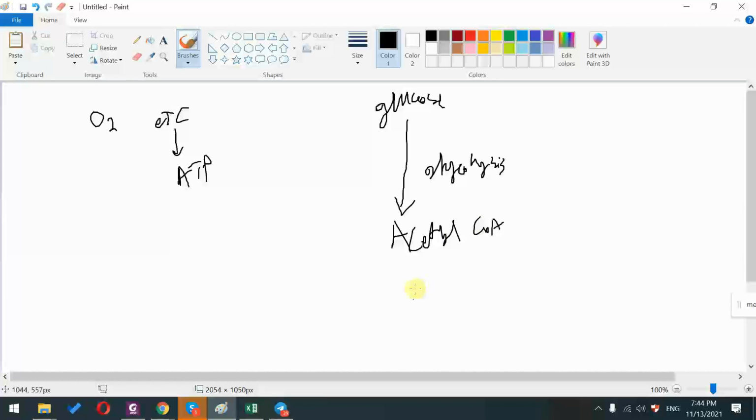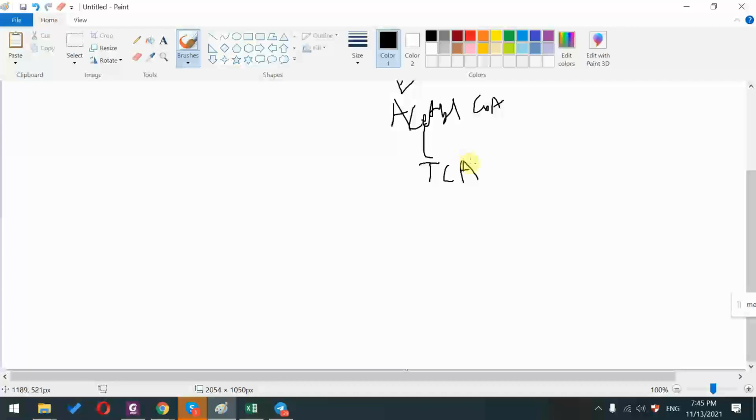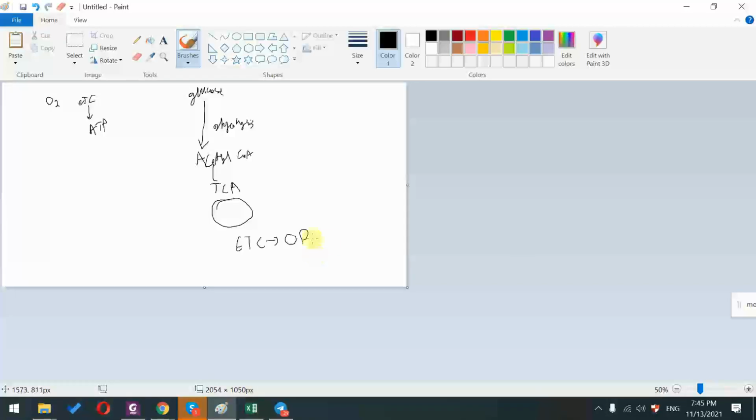That acetyl-CoA is going to enter the TCA cycle, which is the same as the Krebs cycle. I'll explain the Krebs cycle later. It then enters the electron transport chain, and that will activate oxidative phosphorylation, which makes you ATP.